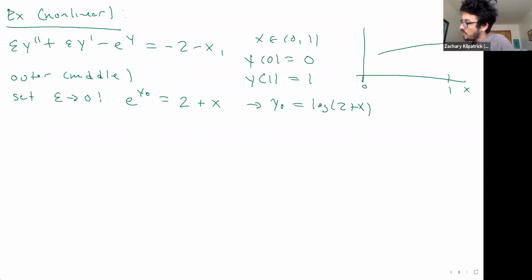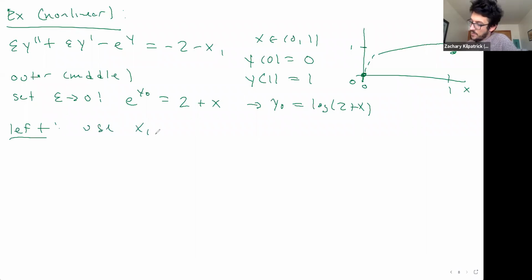We have this log function here, and we need it to connect to 0 here, and it should connect to 1 here, I think. And there's no free constants in this, so we can't really satisfy any of these boundaries. So we need the boundary layers to do that.